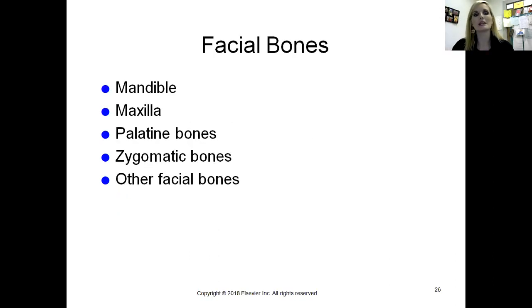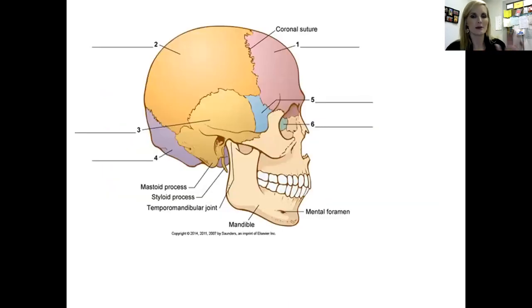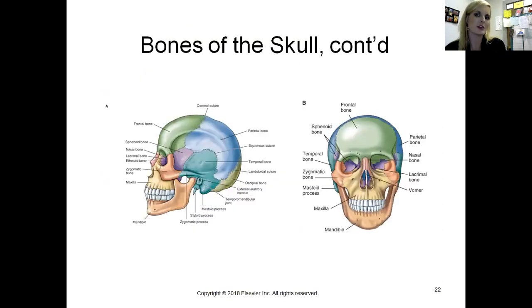Okay, now we get into the facial bones. So I'm going to go back to that picture. I'm going to walk you guys through the specific picture that's very similar to the diagram that I've provided for you guys, but I'll tell you what number everything is here. So I'm looking at the picture on the right now. This is the one from your book that shows the picture of the face from the frontal view here. So if you're looking at my diagram that I gave to you guys, number 1 is pointing to the bones right on top of our nose.